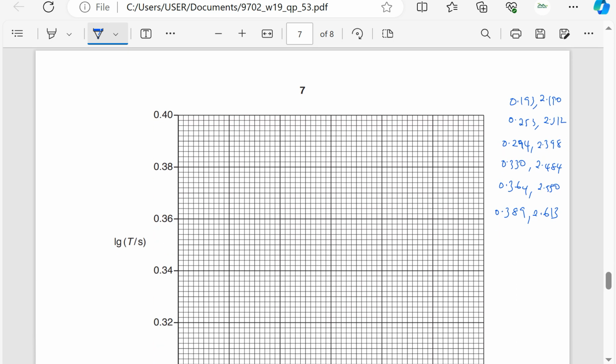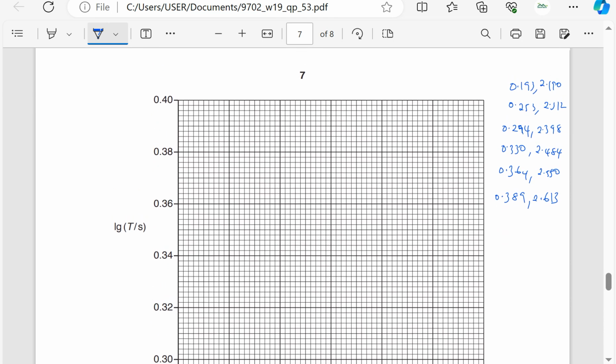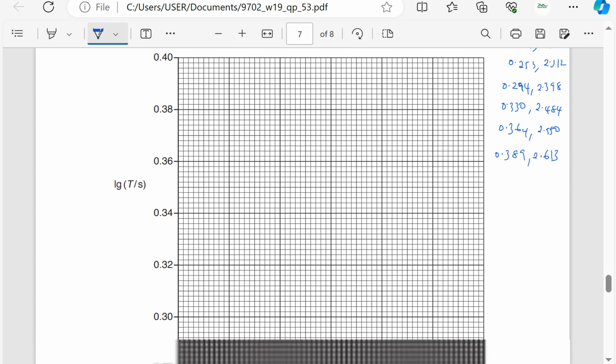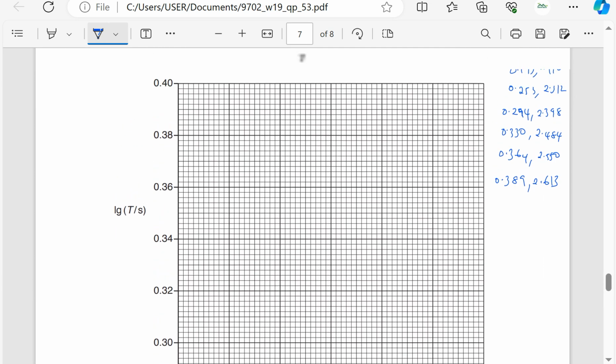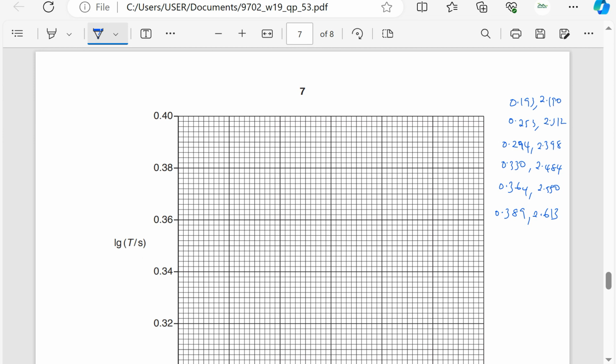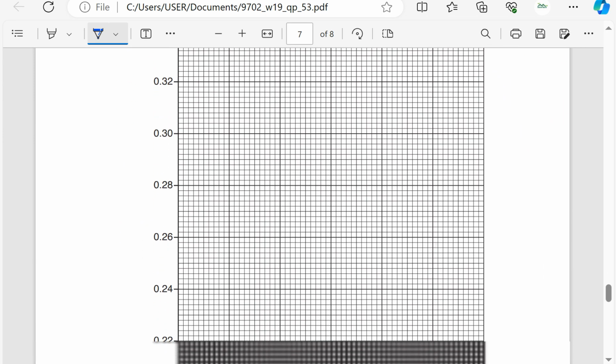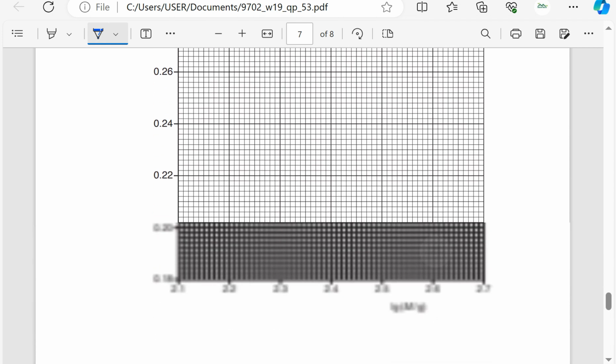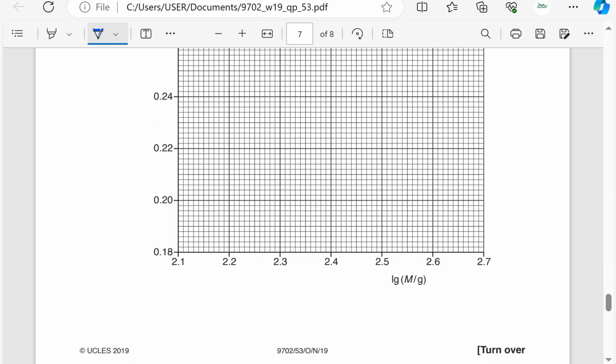It is not easy to plot a graph. It will be hard, especially when it comes to drawing a straight line, but I'm going to try my level best. So let's start. This is the y-axis, this is the x-axis. 0.193 against 2.190.